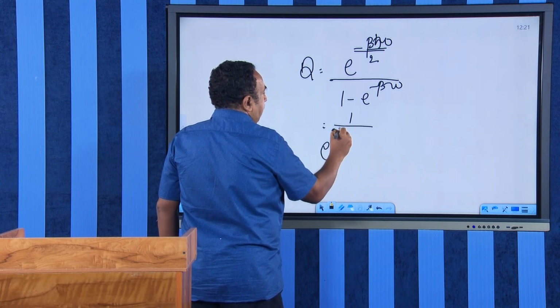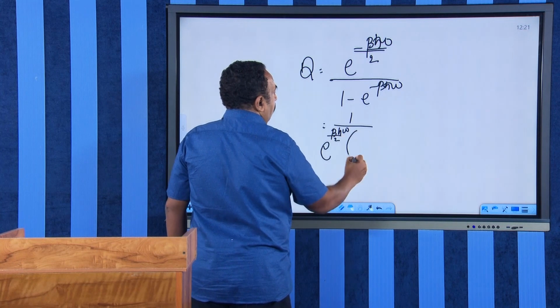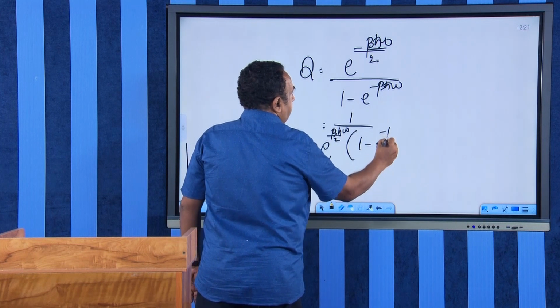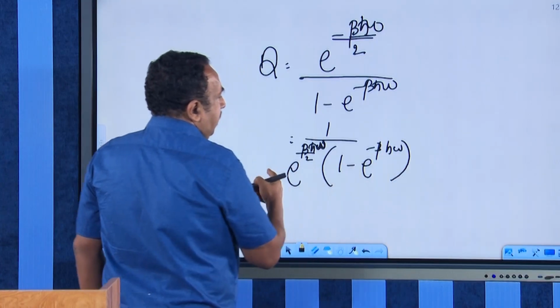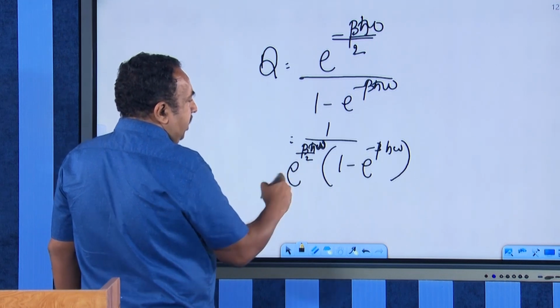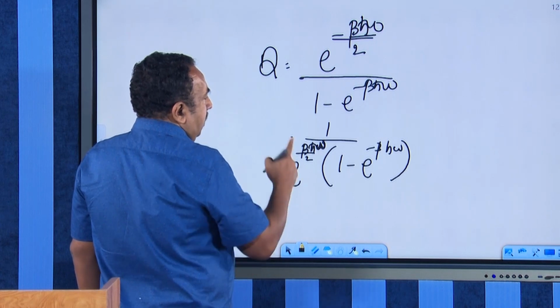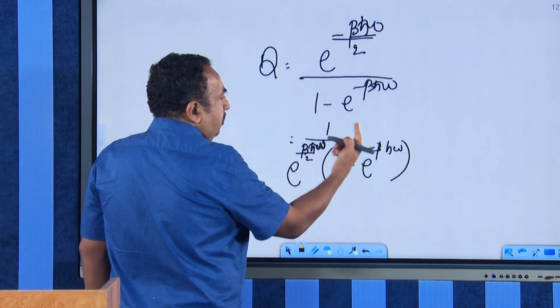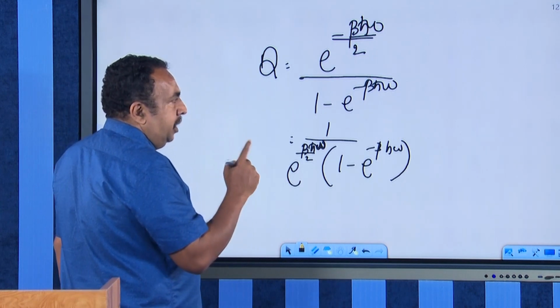Therefore, this becomes e raised to plus beta h cut omega by 2, whole into 1 minus e raised to minus beta h cut omega. If I take this e raised to beta h cut omega by 2 inside the bracket, the first term becomes e raised to beta h cut omega by 2. This is half beta h cut omega, and you have minus 1 beta h cut omega there. Half minus 1 will be equal to minus half.